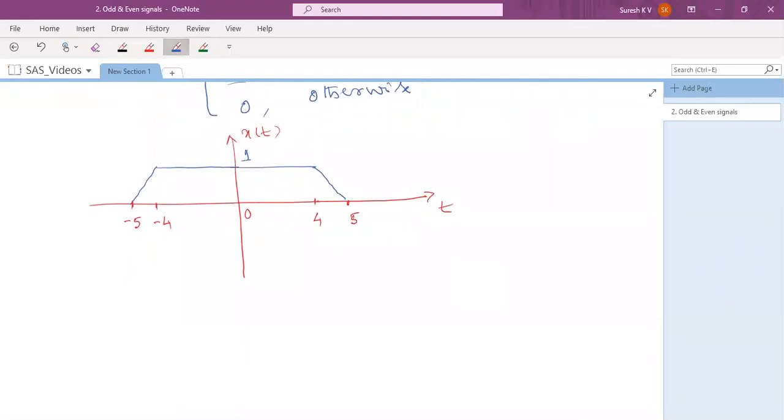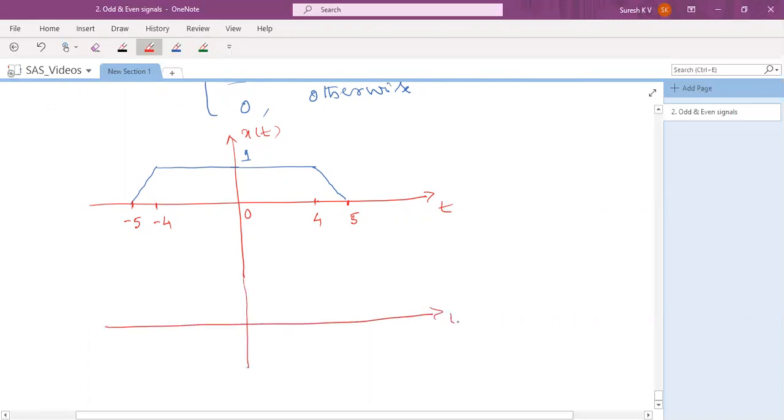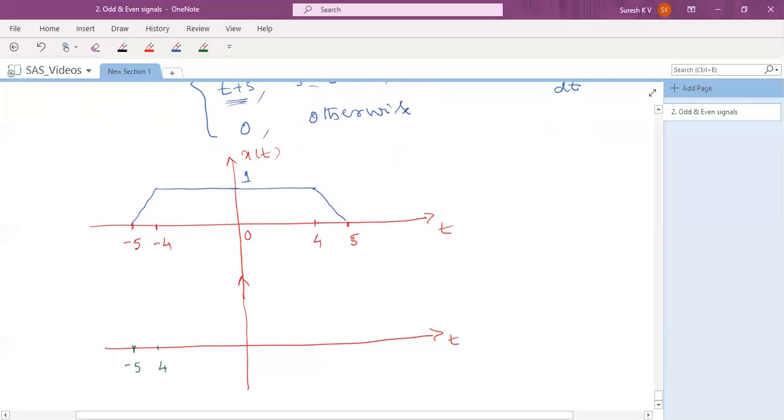Now if I differentiate this signal, what you notice here is from minus 5 to minus 4, the signal is a straight line with slope equal to 1. The equation for the signal here is t plus 5.